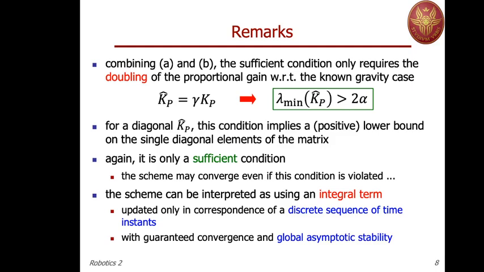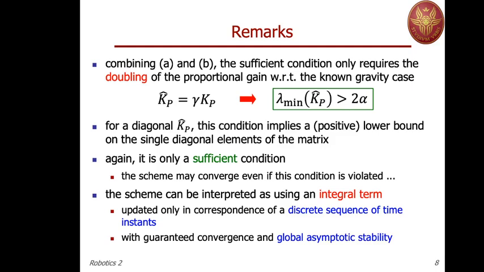Now, a nice interpretation of what we are doing is in terms of the addition of an integral term. In fact, every time we update our feedforward, we are using the history of the error so far up to the instant in which we state that we have reached a new steady state.